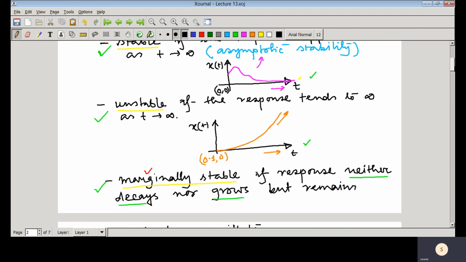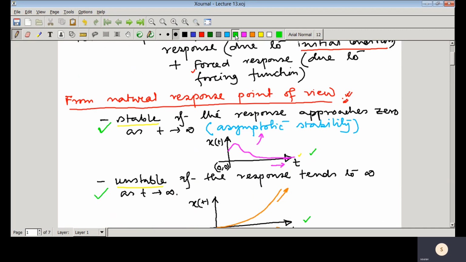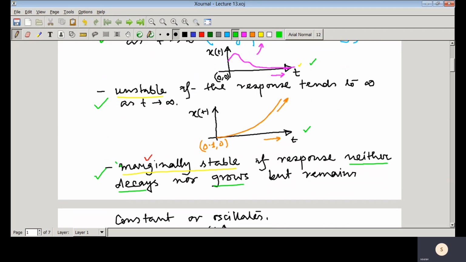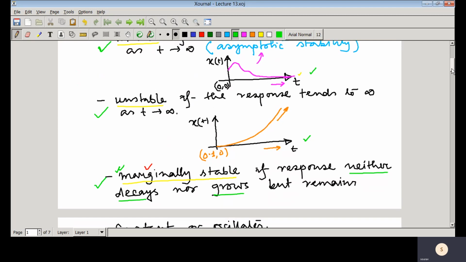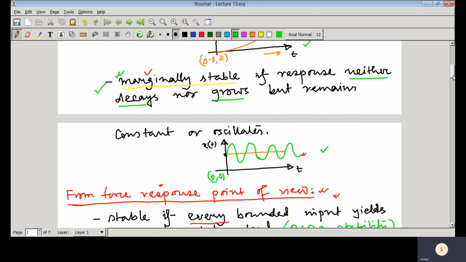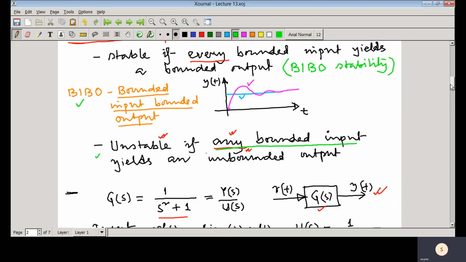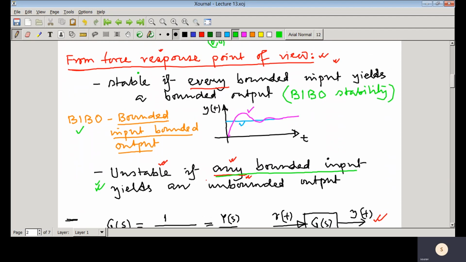If you consider the natural response point of view, that means no input is applied to that system, and the system is marginally stable, the same system would be treated as unstable whenever you consider the forced response point of view. So this is one example.